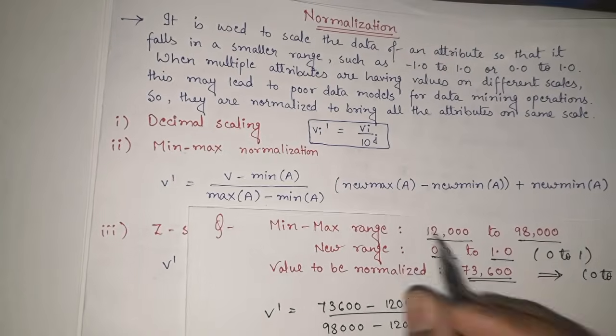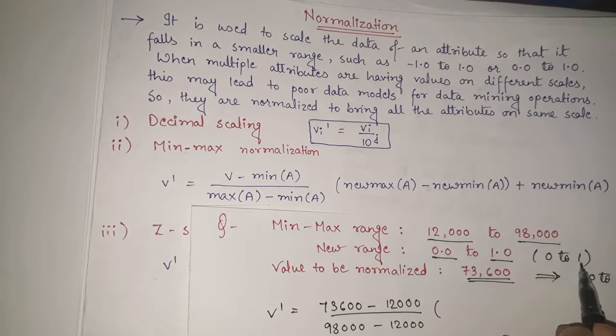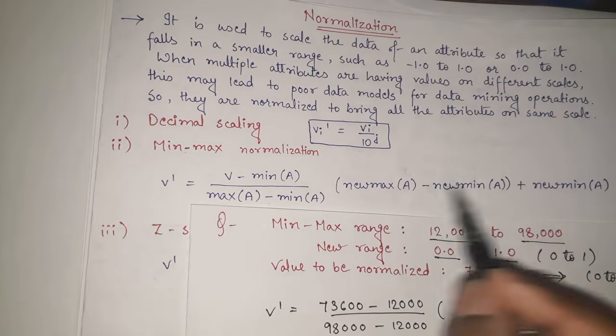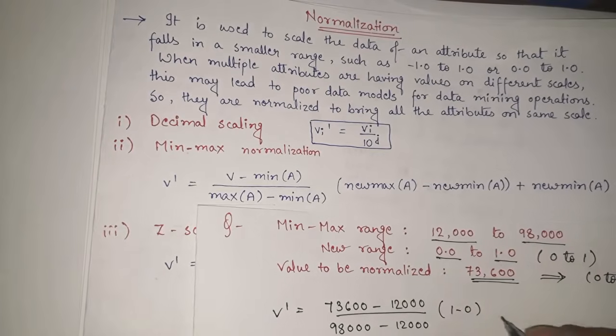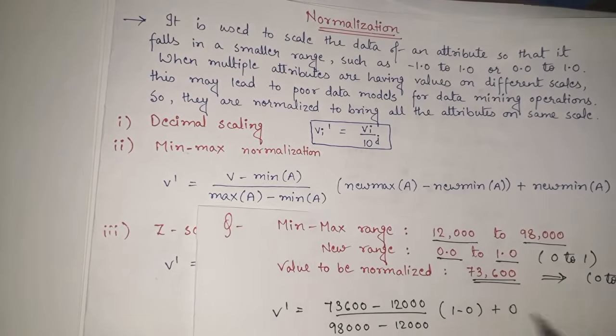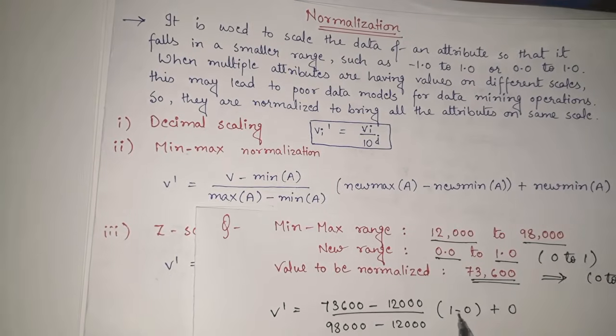And in the bracket we will have new max minus new min. So new max and min are 1 and 0 respectively. So new max minus new min will become 1 minus 0, plus new min, so plus 0.